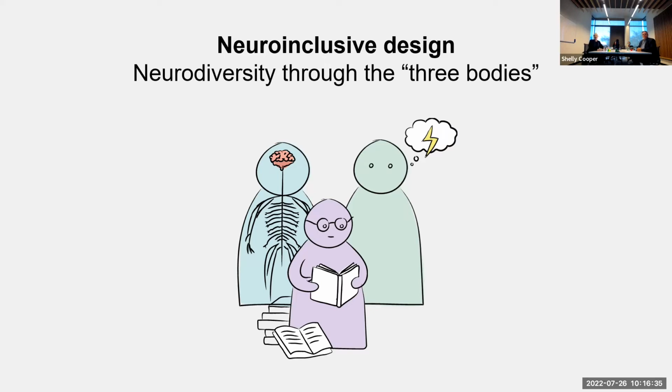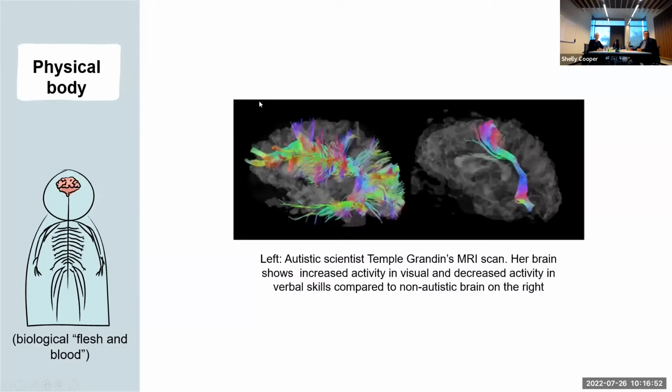So having said that, one of the ways of looking at neurodiversity and a neurodistinct person is as though we had three different bodies metaphorically. If we go to the first body, we call it the physical body, which is basically our biological flesh and blood. Again, neurodiversity covers every single person. On this image, you can see two MRI scans.